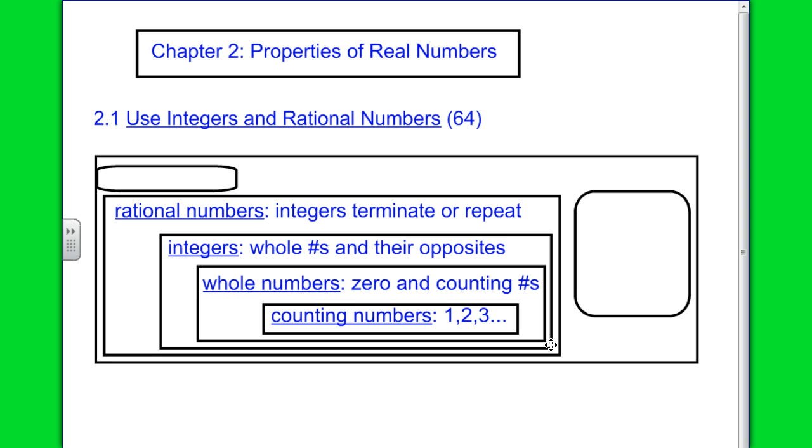Okay, so rational numbers, guess what? They include all those little fractional pieces between numbers, as long as those fractional pieces are very predictable. They've got to be predictable. Either they end, like Brian said, 0.5, 1/2. It terminates at the 5. Or it could be a number that repeats forever.